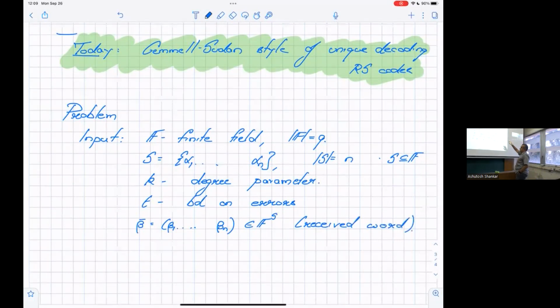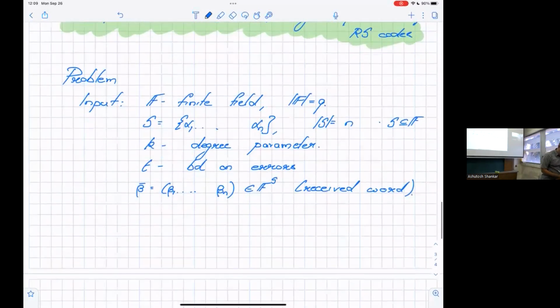So that's the input. What are we supposed to find out?